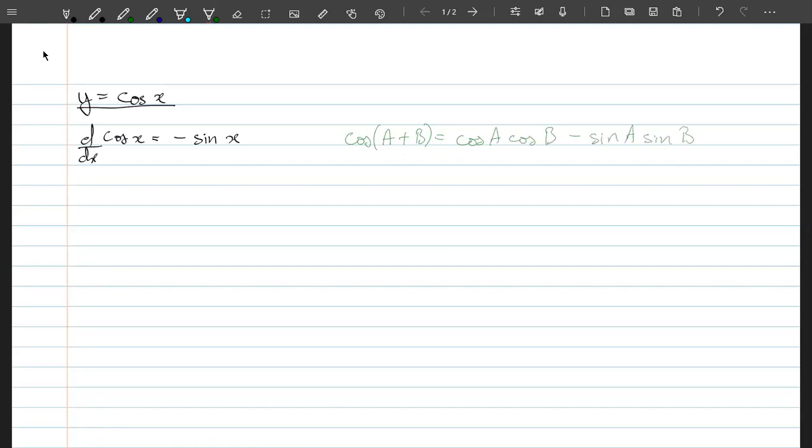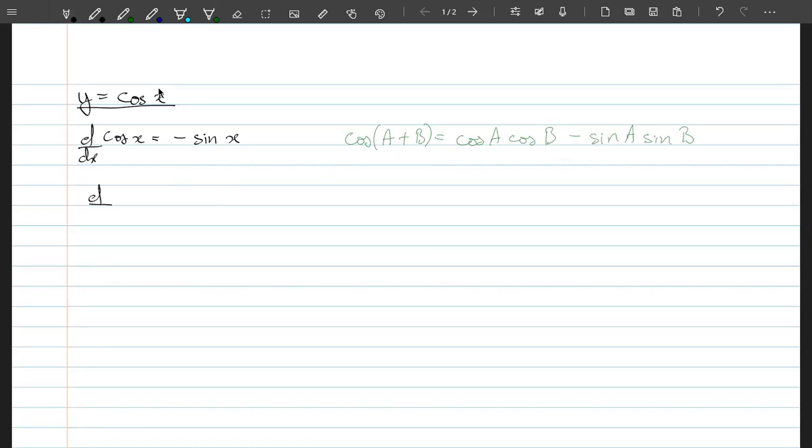If you recall how we obtained the derivative of sin x from first principles, you'll remember that we used sine of a plus b over there because you have the sine of x plus h term. So similarly, we'll have to use cos of a plus b here.